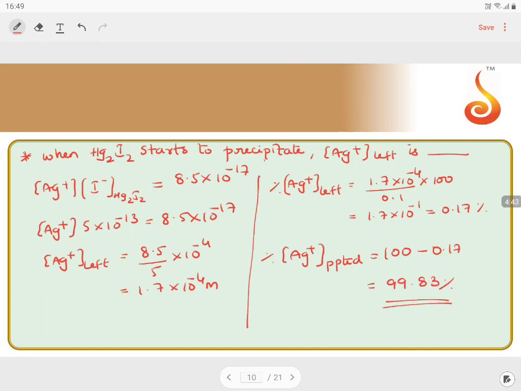So the percentage of Ag+ precipitated is 99.83%. That is the answer for this particular question.